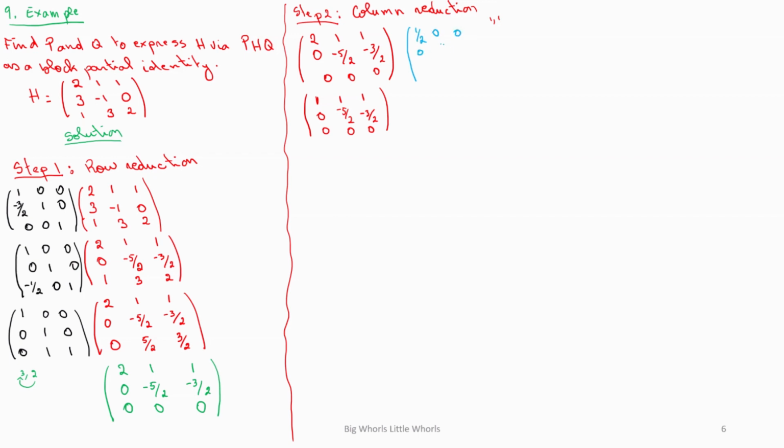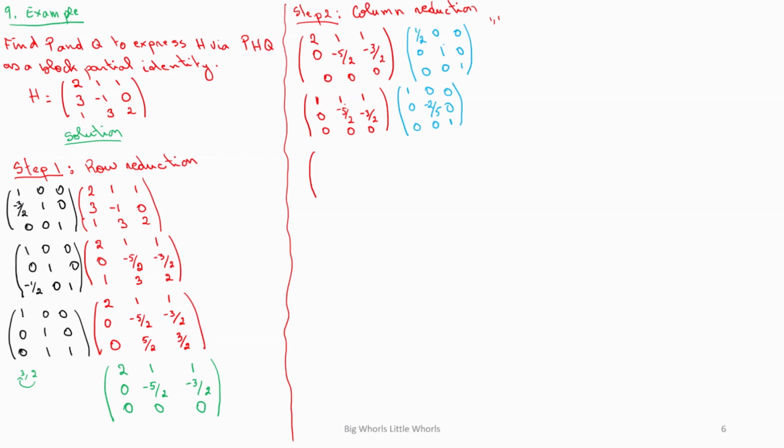So 0, 1, 0, 0, 0, 1. Okay, the next step is to turn that minus 5 over 2 into 1. So we are going to multiply it by minus 2 over 5. We are going to use a rescaling matrix 1, 0, 0, 0, minus 2 over 5, 0, 0, 0, 1. That's a rescaling matrix. Okay, so it should give us the following.